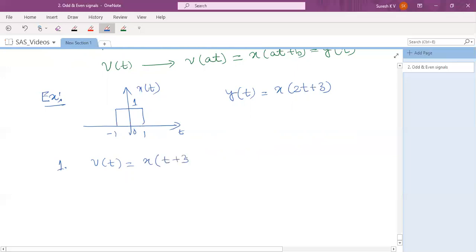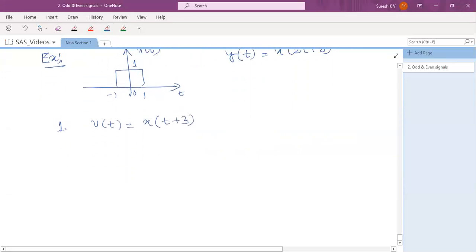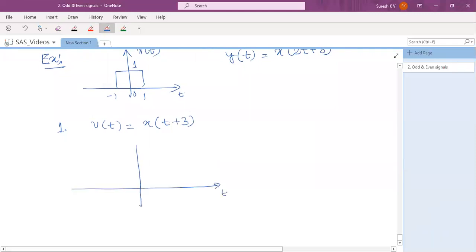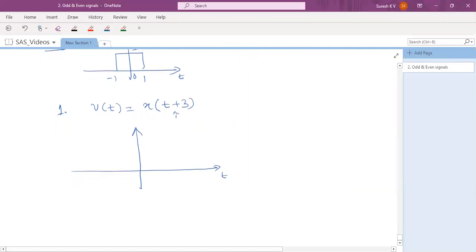That means perform time shifting first. So what happens if you plot it, as all of you know, in the last class we discussed, when this sign is positive, then the signal shifts to the left side. So it will be at minus 3. The signal is defined now. Magnitude is 1. So this is v of t. And this will be minus 4.